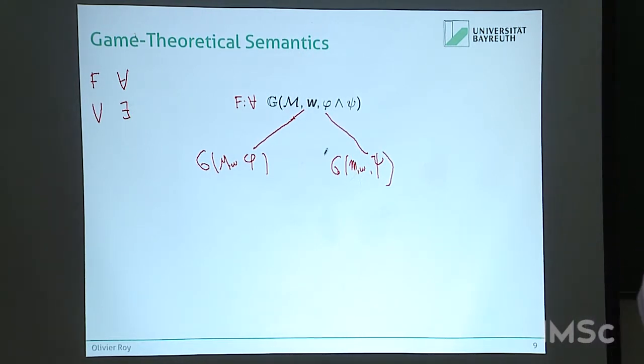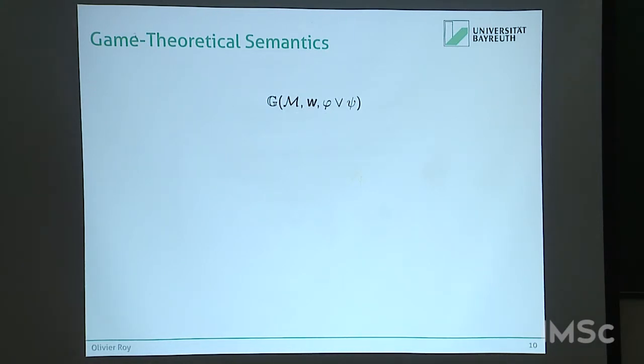You can think of Abelard, the falsifier, as trying to show that the formula is false. He picks a conjunct and claims this one is false, and he tries to force Eloise, the verifier, into a place where she cannot do anything anymore. So that's the clause for conjunction.